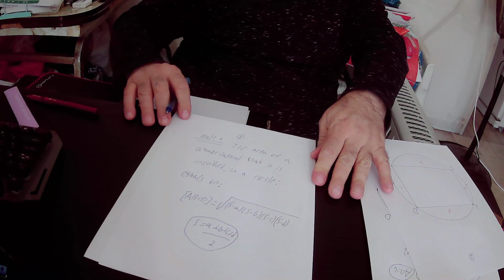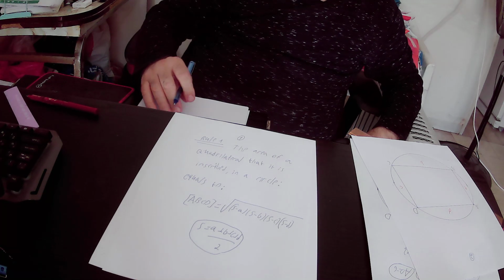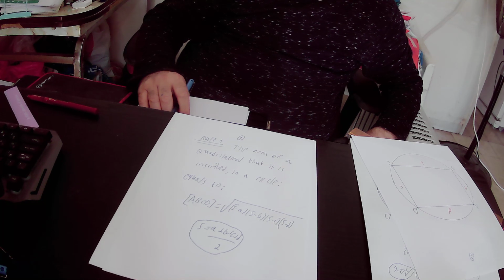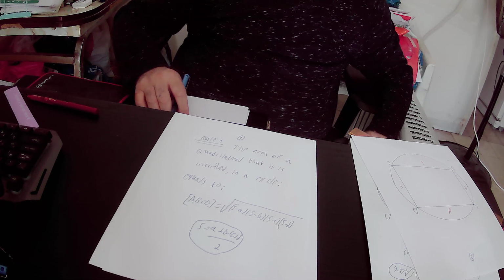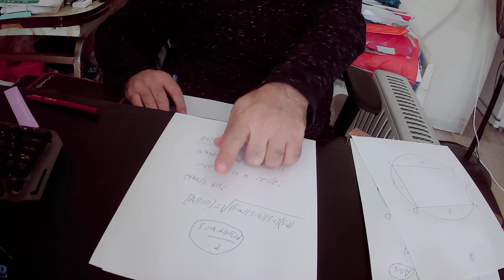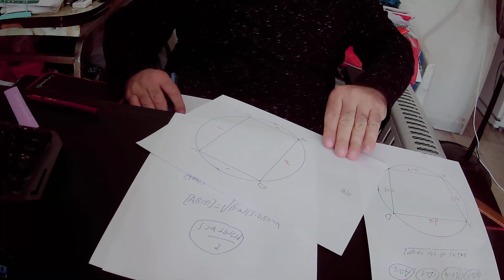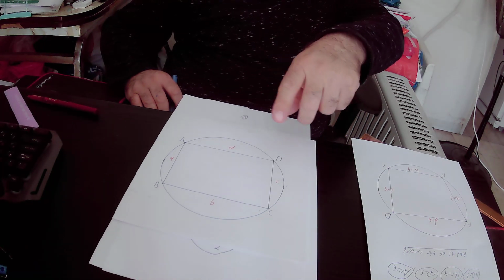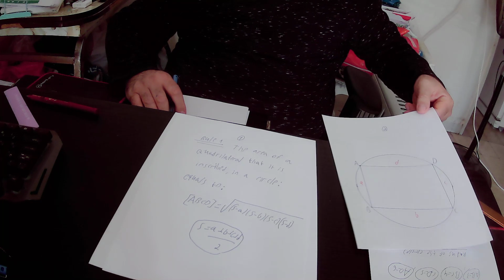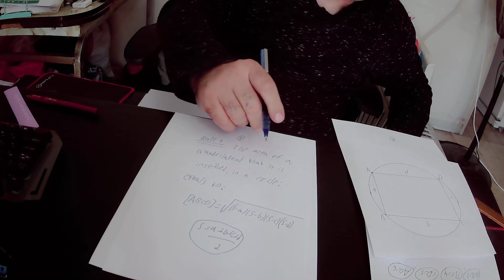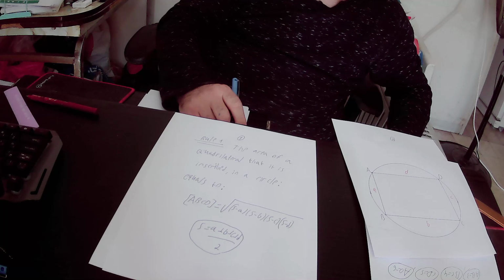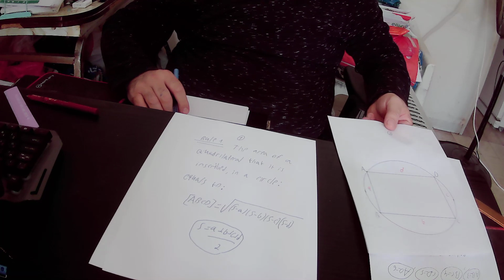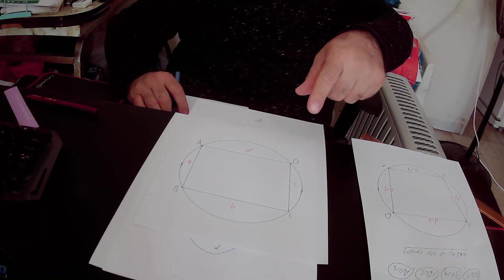According to rule number 1, the area of a quadrilateral that is inscribed in a circle equals, this is the sign of area, the area of this quadrilateral ABCD that is inscribed in this circle equals the root of S minus A times S minus B times S minus C times S minus D. In this equality, A, B, C, and D are the lengths of this quadrilateral.